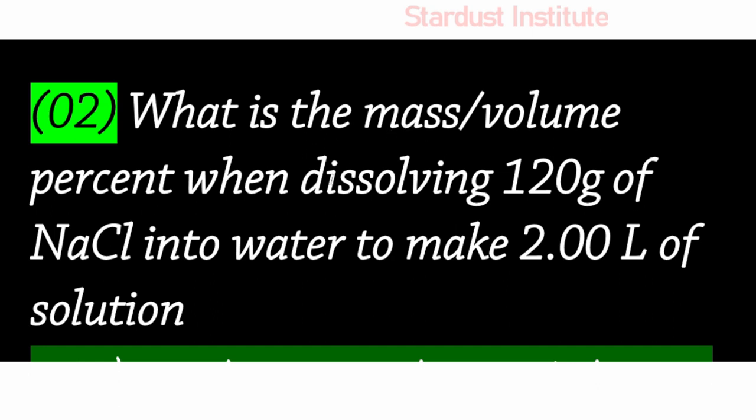What's the mass volume percent when dissolving 120 grams of NaCl into water to make 2.00 liters of solution?